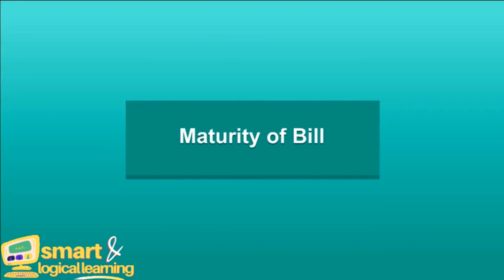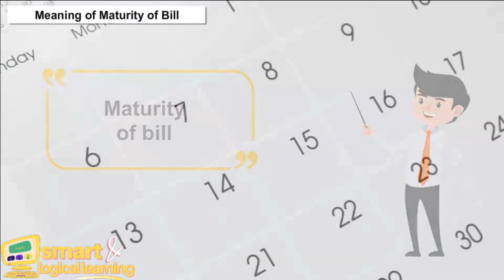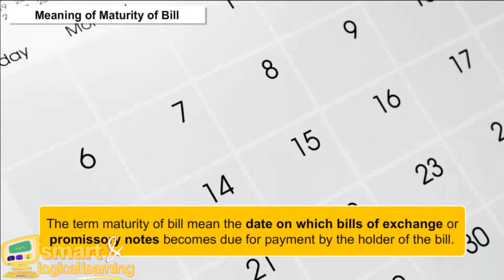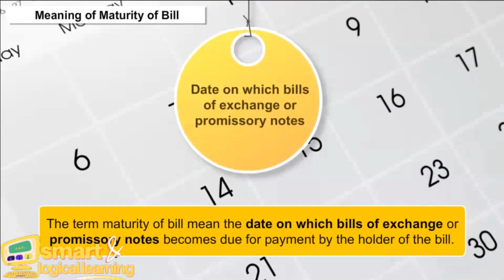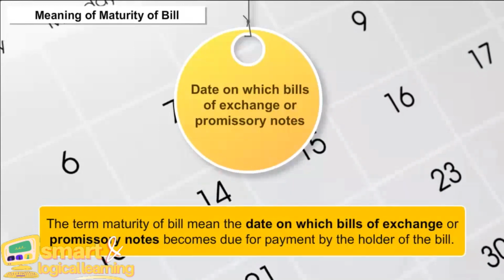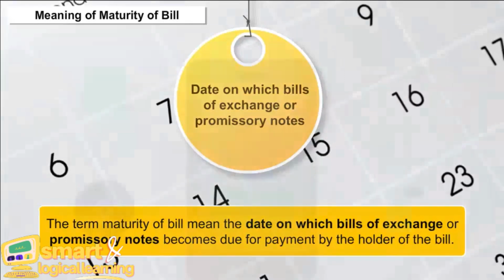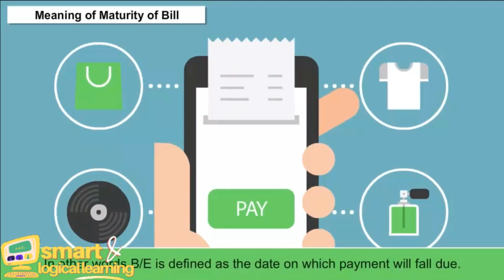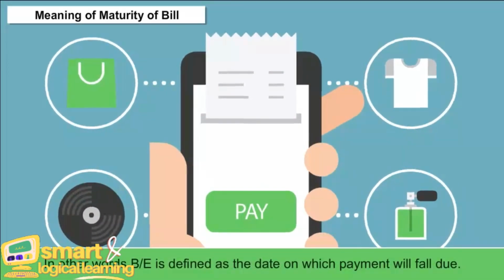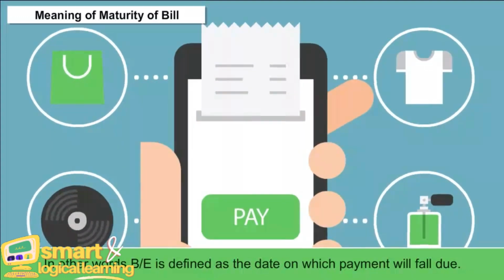Maturity of bill. Meaning of maturity of bill. The term maturity of bill means the date on which a bill of exchange or promissory note becomes due for payment by the holder of the bill. In other words, it is defined as the date on which payment will fall due.